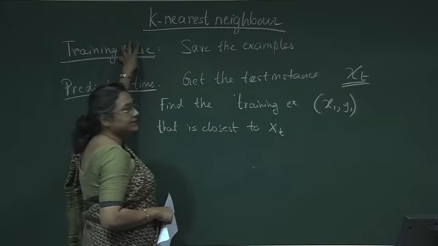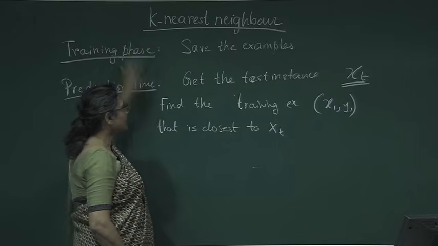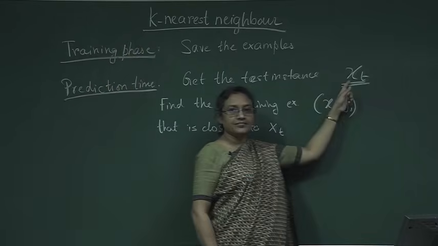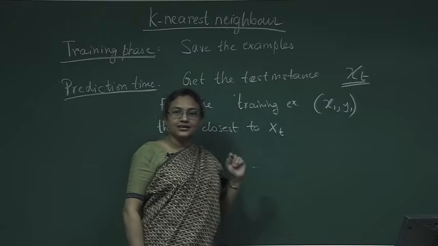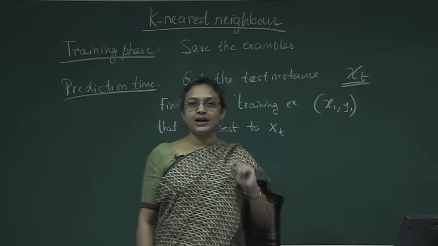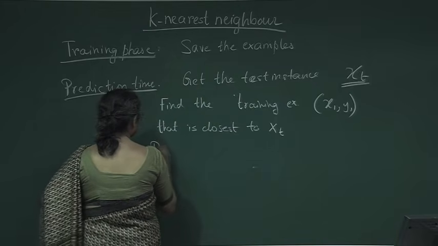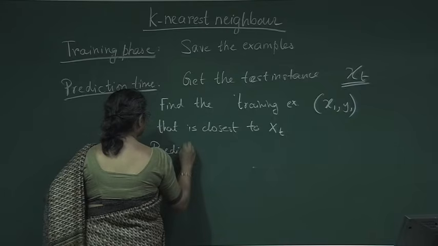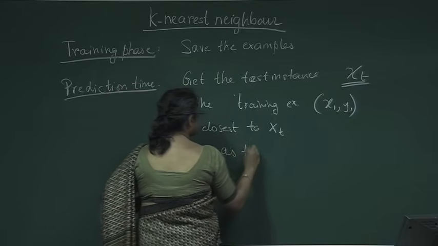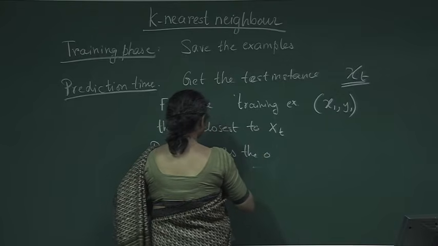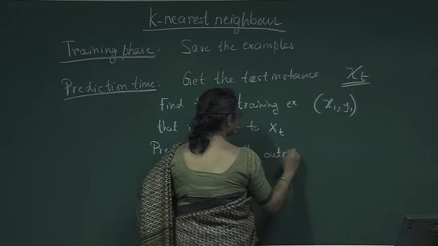Among all the examples that we have stored in the training phase, given x_t, we find that value of x_i so that it is closest to x_t. And then we predict y1 as the output y_t.